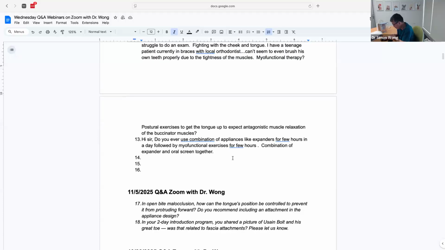So froggy mouth is a myofunctional appliance designed by a French orthodontist. It is held between the lips.